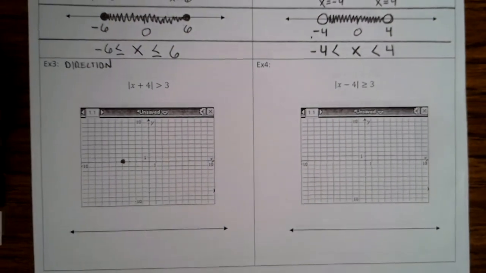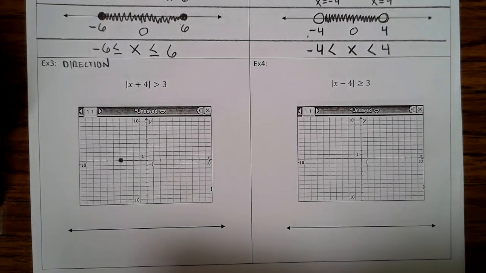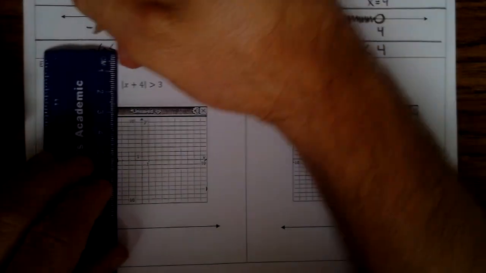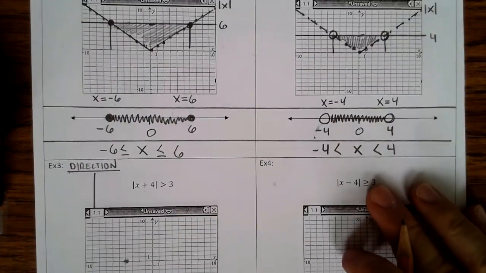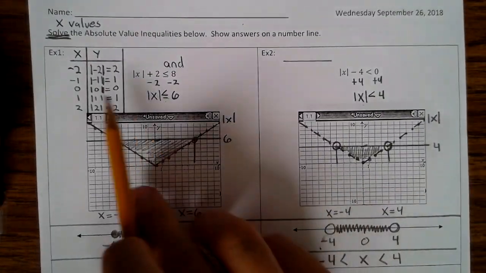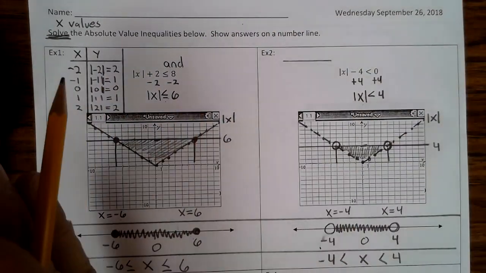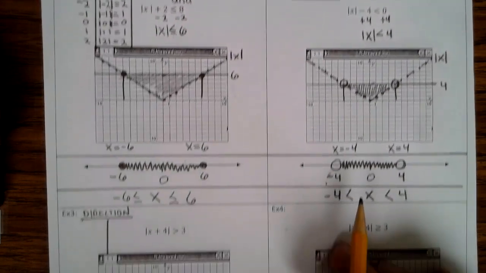Let me fix the blurriness there. Now, what I mean by direction is looking back up here, in the parent function, these are the points, but they can also be the directions if we move the absolute value.